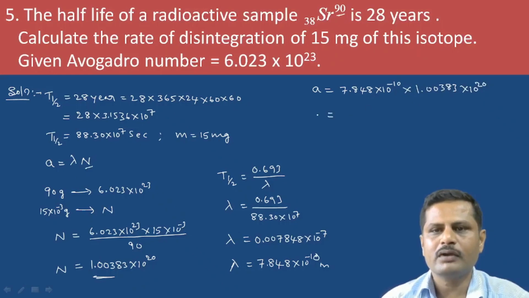So on calculating, 10 to the power minus 10 times 10 to the power 20 becomes 10 to the power 10, and 7.848 into 1.00383 equals 7.878. So the activity of this radioactive substance is 7.878 into 10 raised to 10 becquerel.